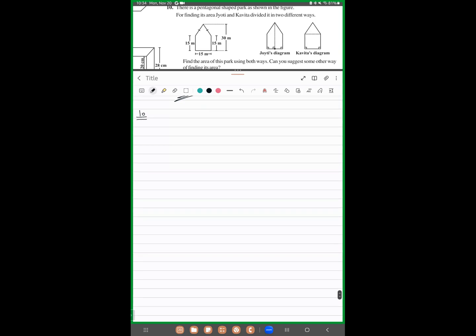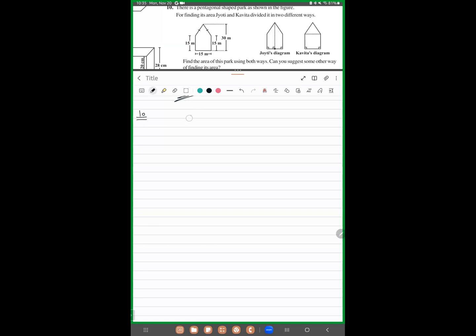Try to find the area in the first case. How can we find it using Jyoti's way? What is the area of trapezium?